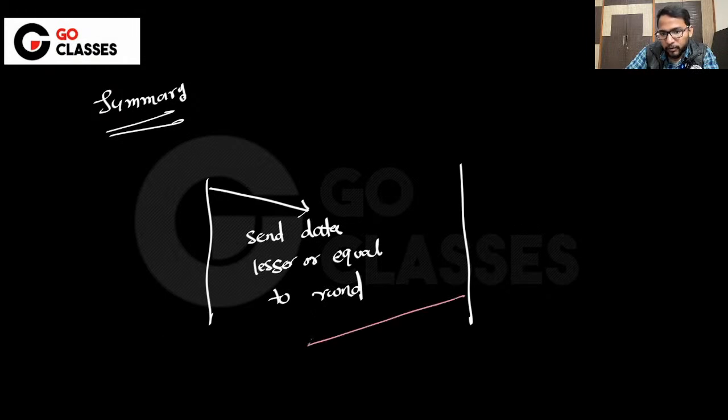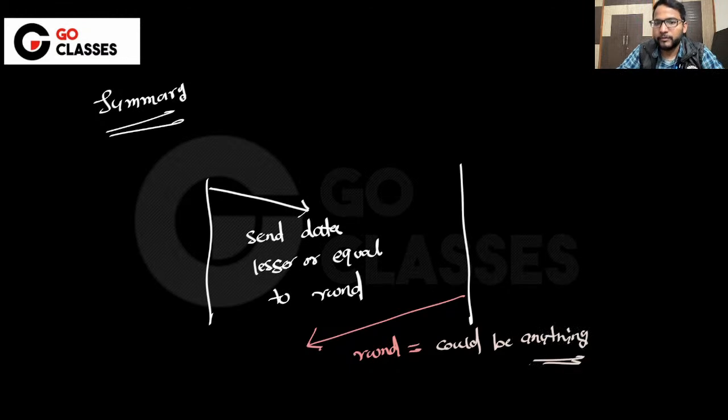And this receiving window that I am going to advertise could be anything, depending on what I have currently. I can advertise anything actually, there is no rule here. So that's how flow control works. I am always going to send whatever the receiver can expect, or lesser than that. That's how the flow control works.